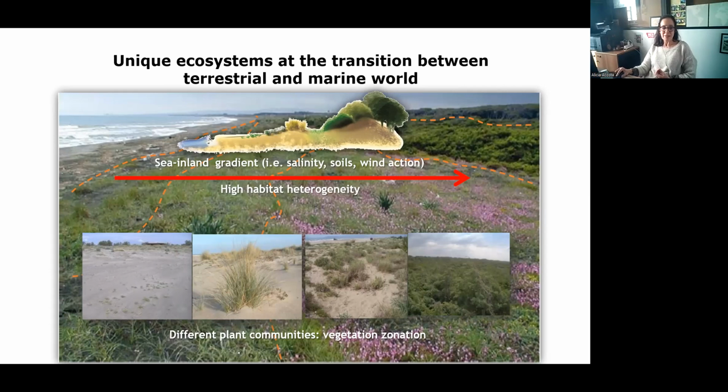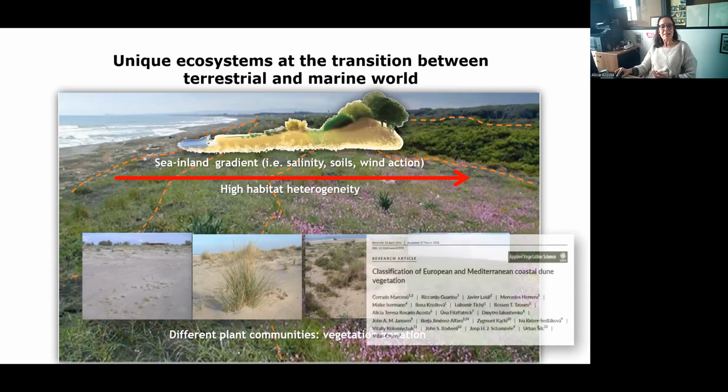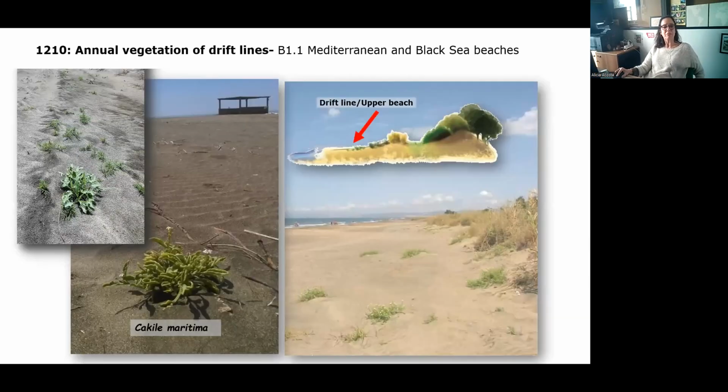If you are interested in the coastal zonation, and in particular about the herbaceous part of the coastal zonation, there is a nice synthesis in this paper published by Corrado Maceno and colleagues. Most of these plant communities have been included in the Annex 1 of the Habitats Directive. And in this presentation, I will mainly talk about habitats.